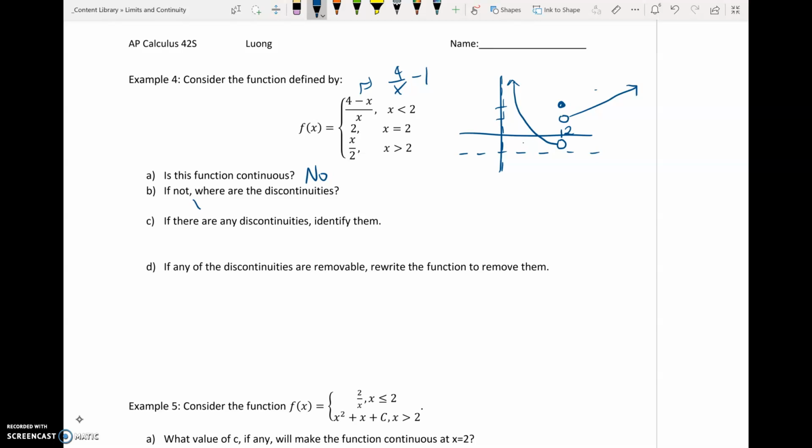Okay, so x equals 0 is an infinite discontinuity. And we also have one at x equals 2. This part here is a displaced point.